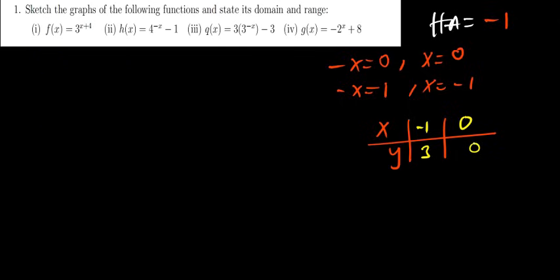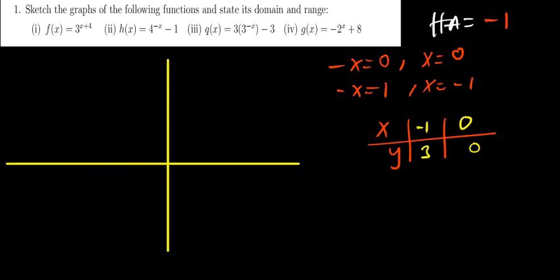After doing this, I can now come up with my graph. My horizontal asymptote is at negative 1. I'll put negative 1 here and cut a line. Once I do that, x is negative 1, so I'll put negative 1 here, and 0.